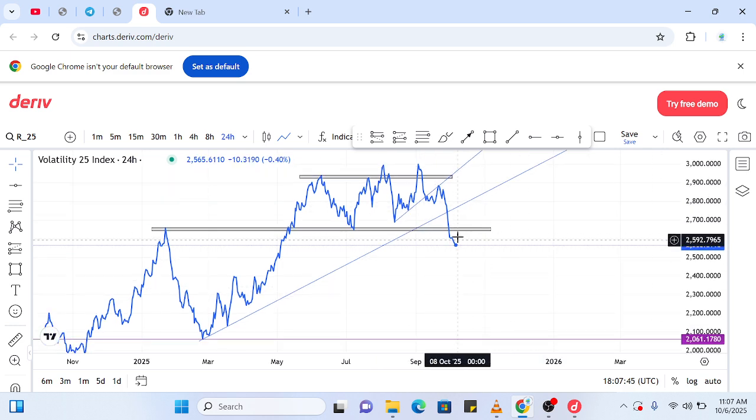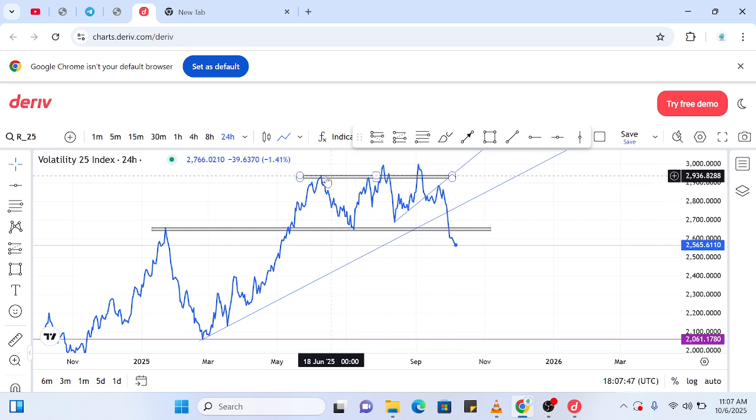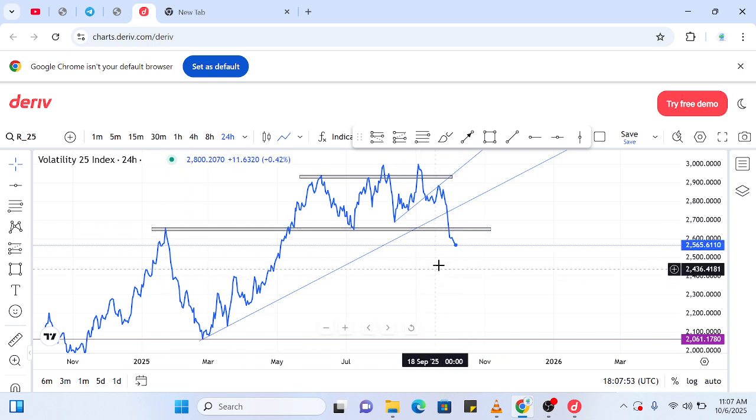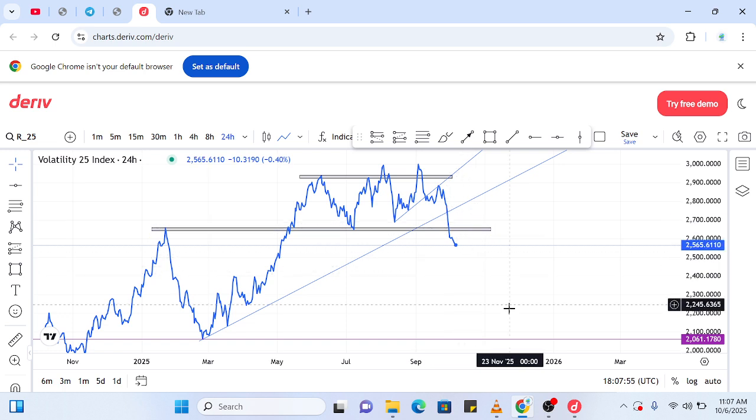Since we've gotten this break of our trend line, we can see multiple levels of resistance, and another level of resistance which has been broken into. We could see price either retesting this zone, and if we see a clear break of trend line and a reaction here, it would be a very good one to hold sells to this level. That could mean re-entering more positions, depending on whatever happens.